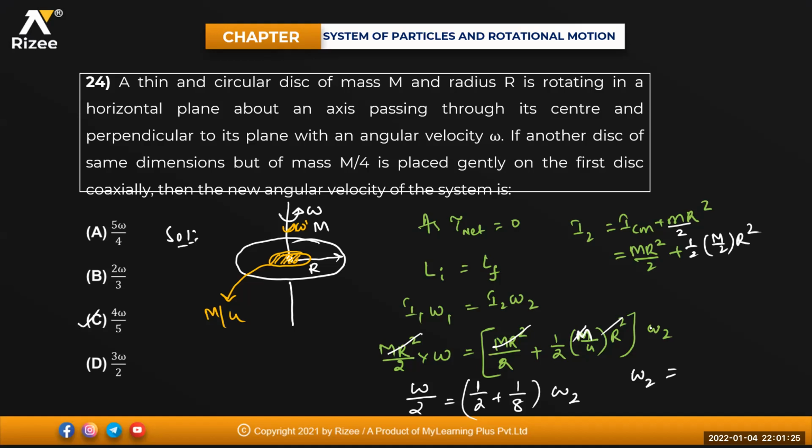Good, good. So it is 4 omega divided by 5.